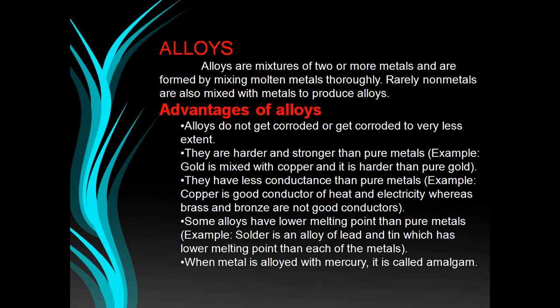So today we have discussed the advantages of the modern periodic table. There are 10 points in the advantages of the modern periodic table, and the position of hydrogen in the modern periodic table, and the position of rare gases, and metals, non-metals, metalloids, and alloys. We have discussed and learned about it.